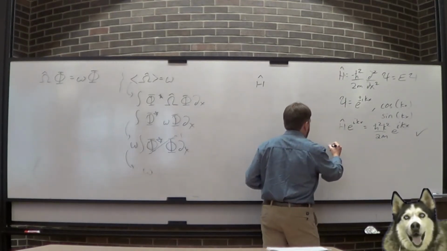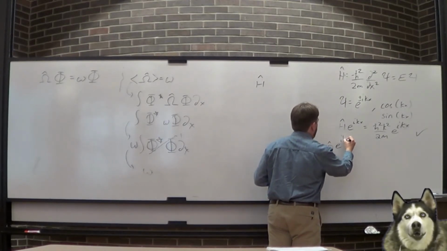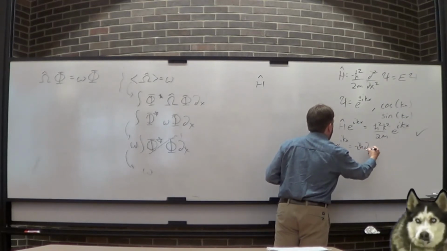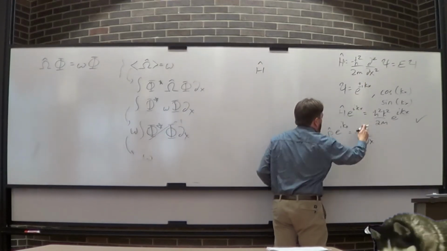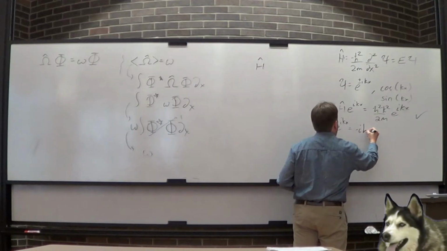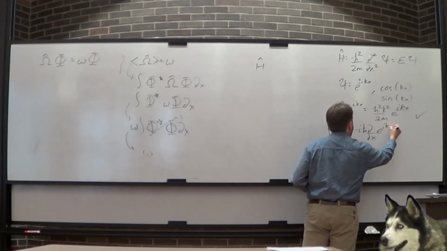But if I do momentum, I'm also fine on this one, and that's minus i h bar d/dx. Sorry, my handwriting is still bad. It'll improve. So minus i h bar d/dx of e to the ikx.